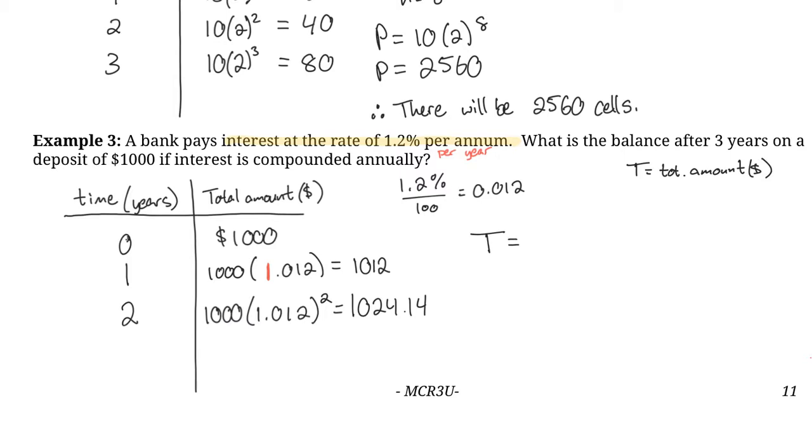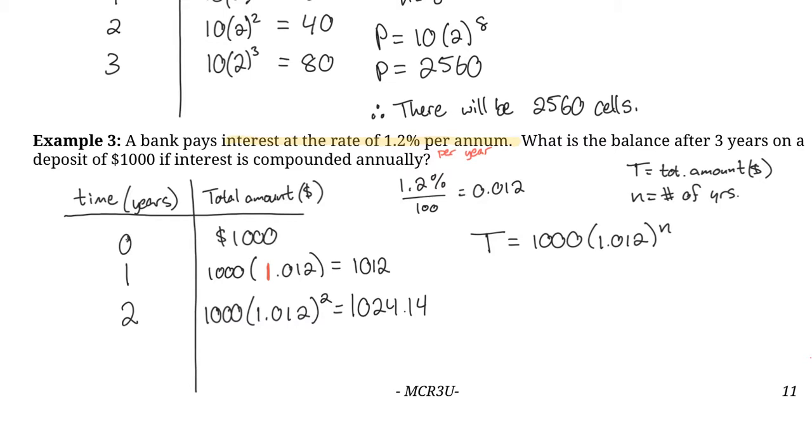So our total amount is equal to 1,000, that's our starting amount, multiplied by 1.012 to the power of n, and we need to define what n is. n represents the number of years. And we're just being asked to find out the balance after 3 years.